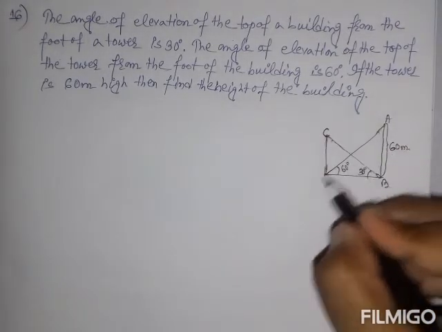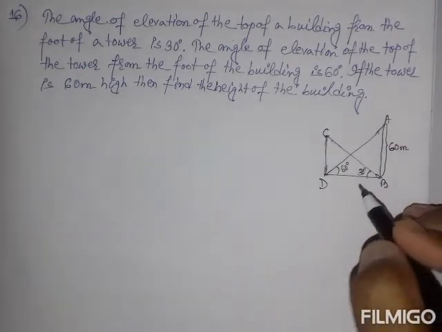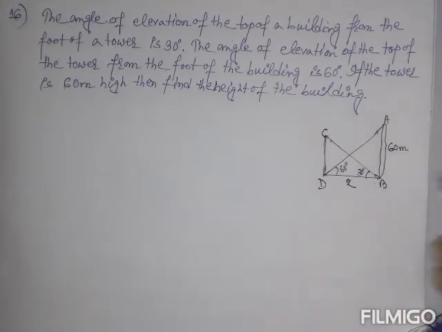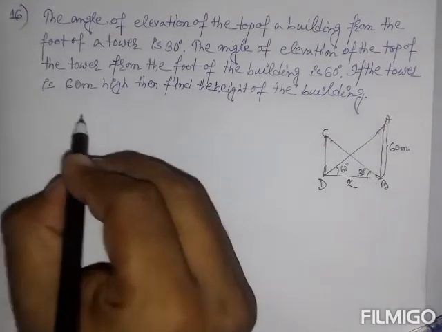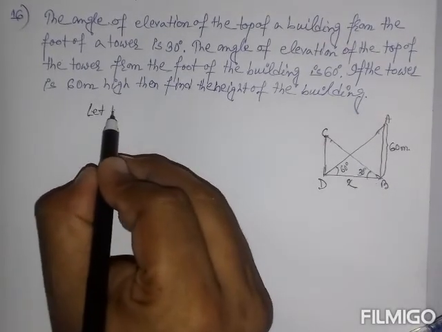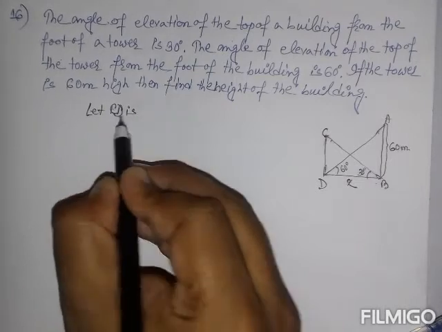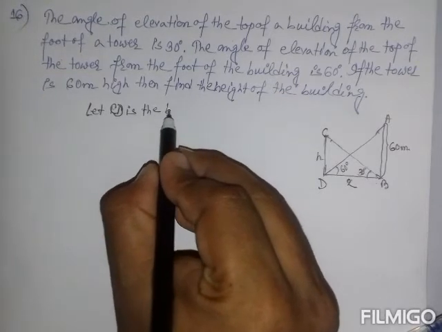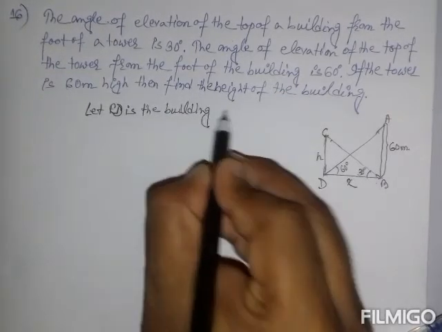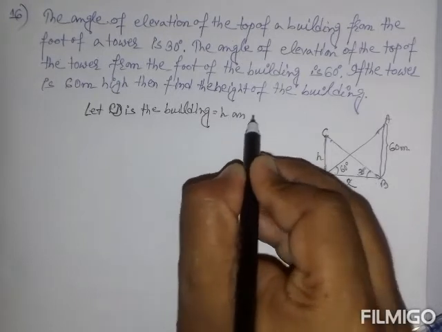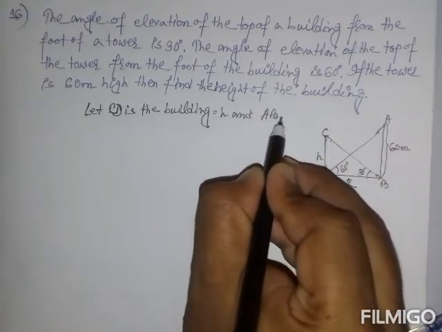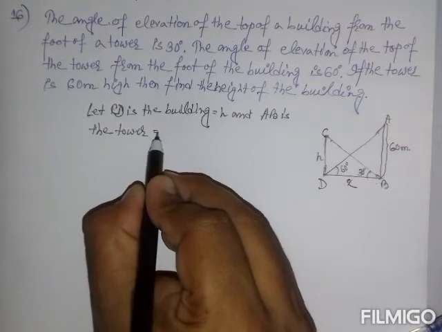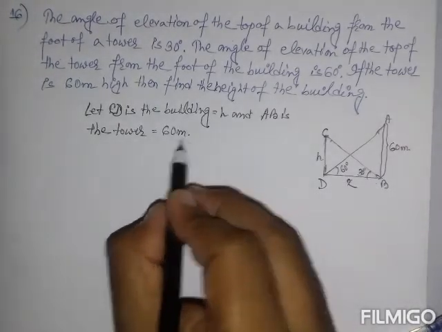AB, CD. Let the distance between D and B be x. Now let CD be the building, that is H, and AB be the tower, that is 60 meter high.